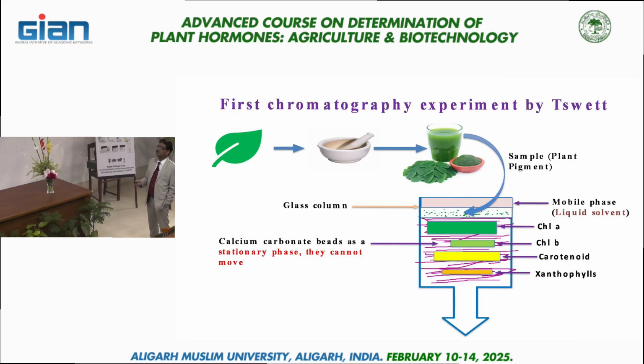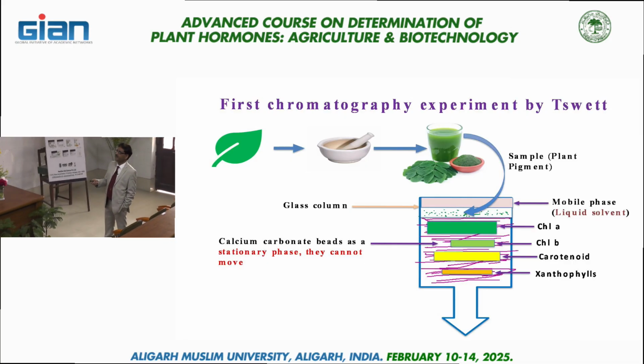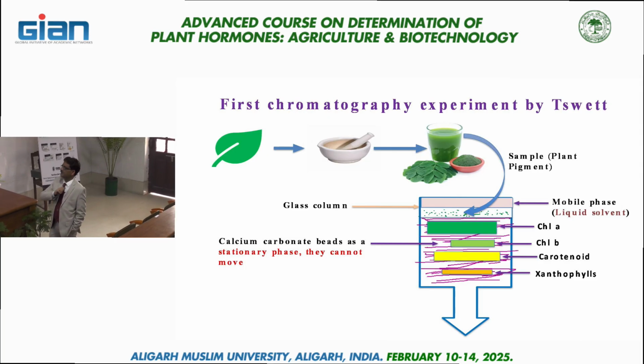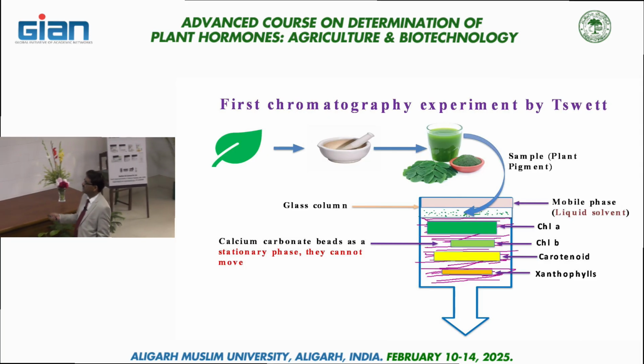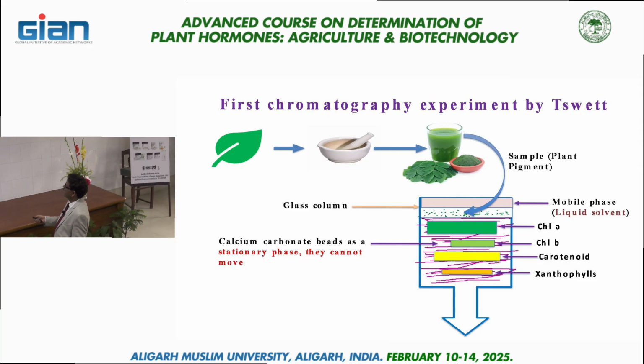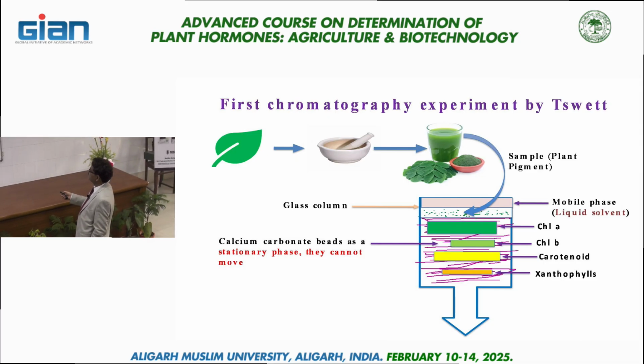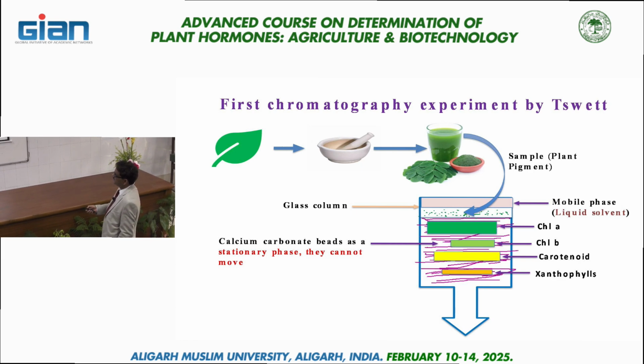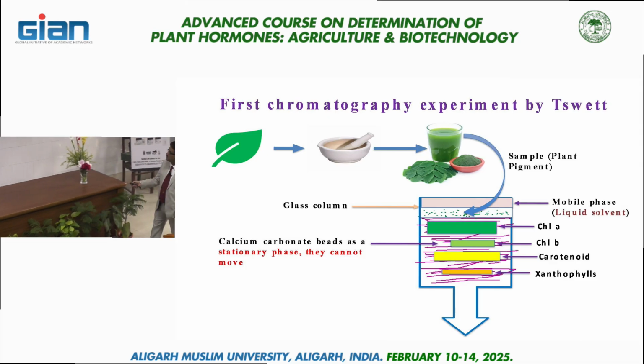He took a leaf, macerated it, and obtained a liquid sample containing pigments. Here is the column, and on this side the mobile phase, or you can say the liquid phase. In between we have calcium carbonate beads, which are basically the stationary phase, and they cannot move from one place to another.